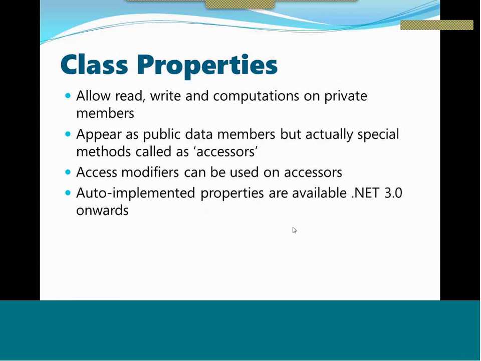Private members are not accessible to the code outside the same class, for example the main method. Even though we create an object of the class, using that object I cannot access private members of the class. So these class properties allow us to get access indirectly, so we can read from the data members. We can use methods also for the same purpose.